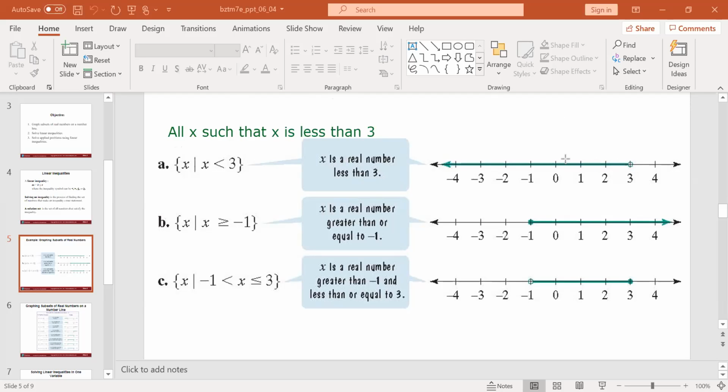So what we're going to see is it's all x values less than 3. So we take the number line, we shade everything. And notice the shading has an arrowhead because we're shading all the way down to negative infinity. And then we stop at 3. Now, since we can't include 3, since it's strictly less than 3, 2.9999999 is included, but the number 3 itself is not included.